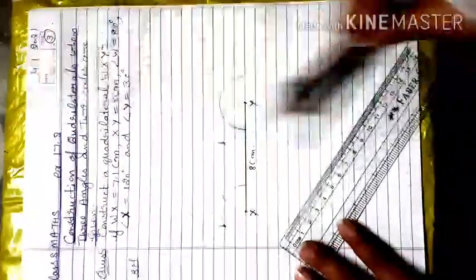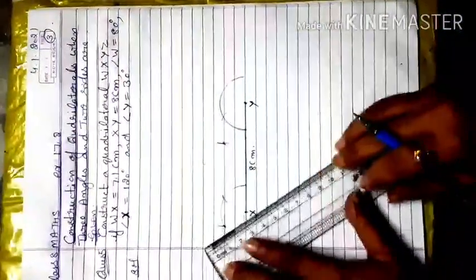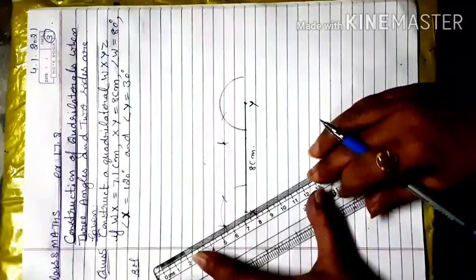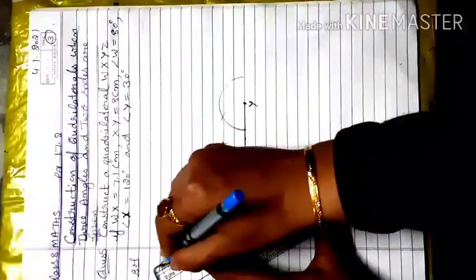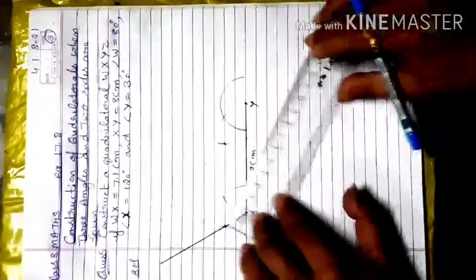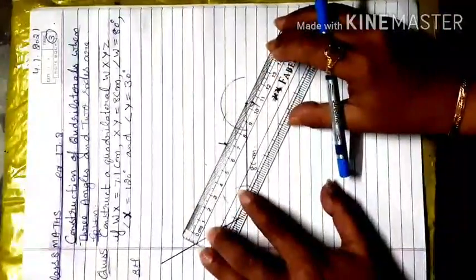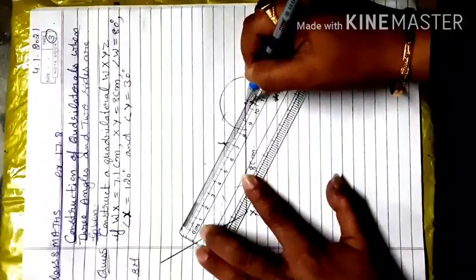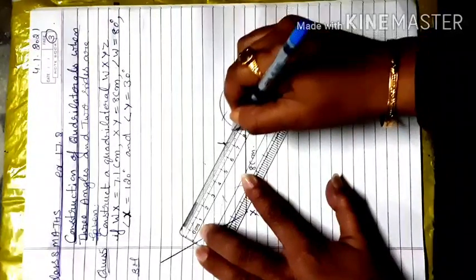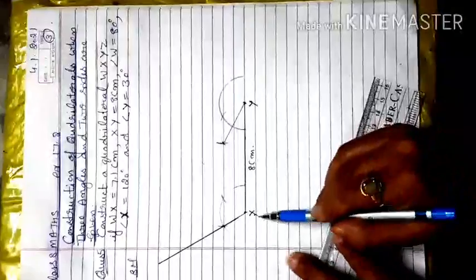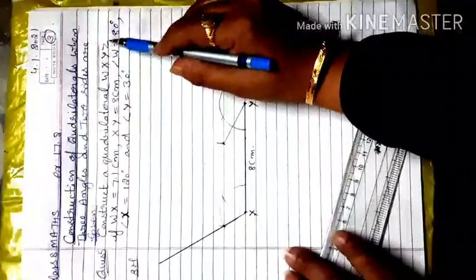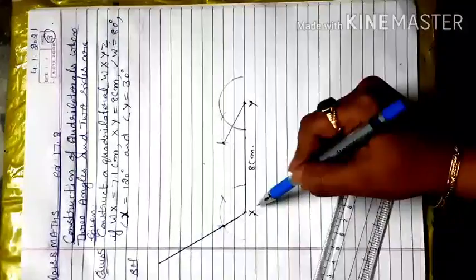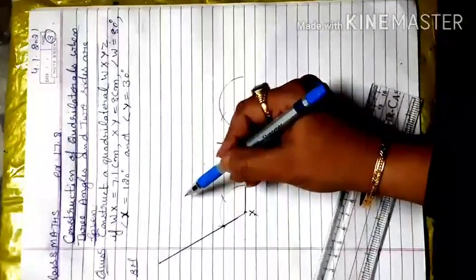Now I will draw, just joining these two lines here. This is 120 degree and this is 30 degree. Before drawing the 30 degree line, we must know the measurement of the next vertex. Here after XY, the next vertex is Z, because when we move X, Y, Z will be there.